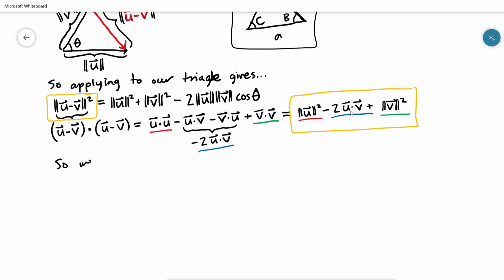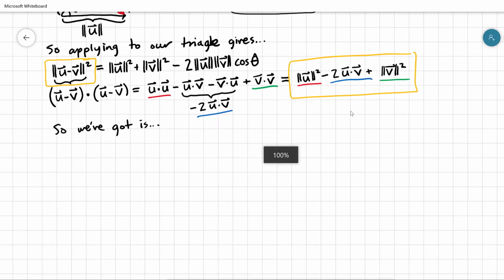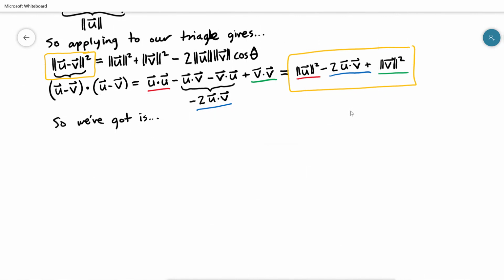So what we've got is the following. Just give myself a little more room here. On the left, we've got the magnitude of u squared minus 2u dot v plus the magnitude of v squared, and that's equal to, I'm just copying the right-hand side from the law of cosines.